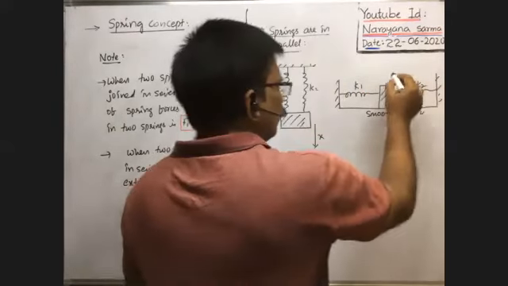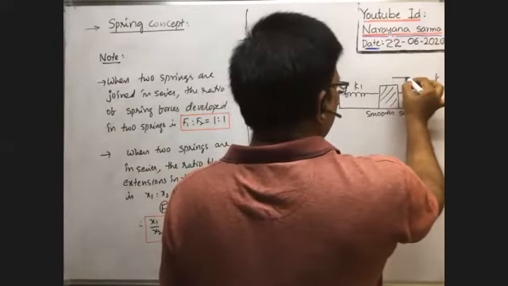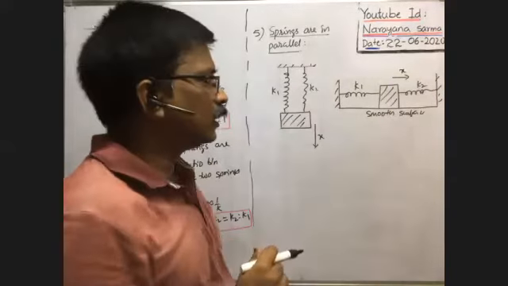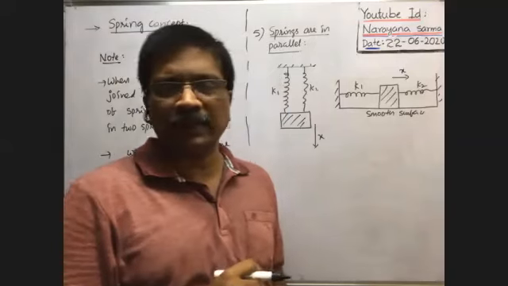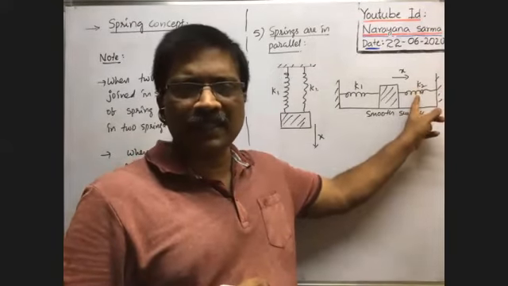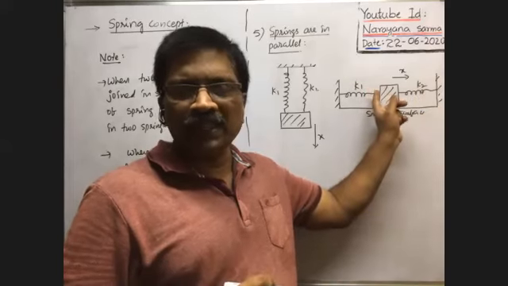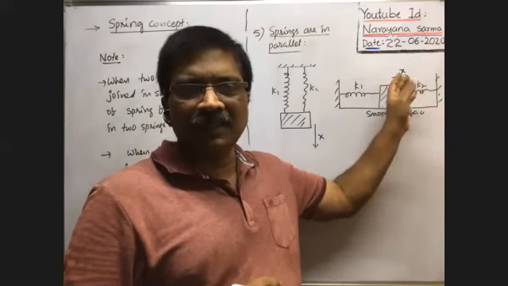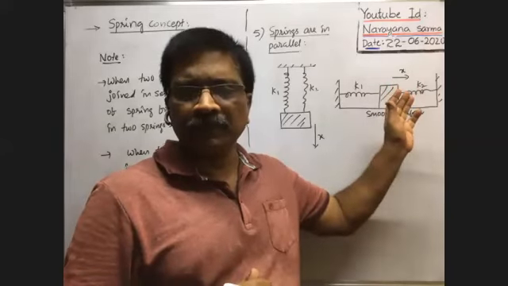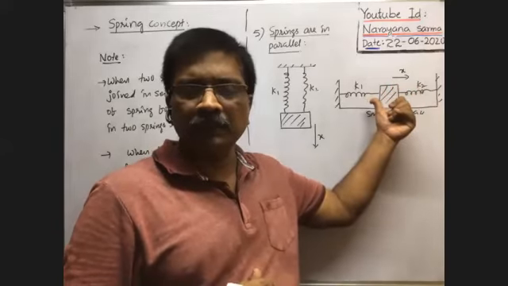Here you see, whenever the block is displaced by a distance x towards the right, is there a compression or extension in the right spring? Compression. In the left spring?